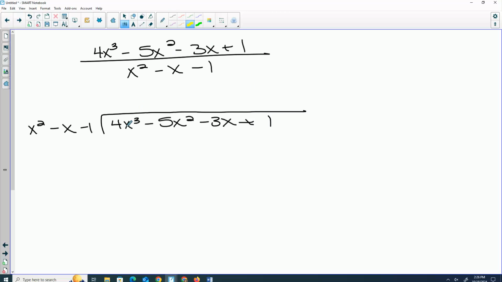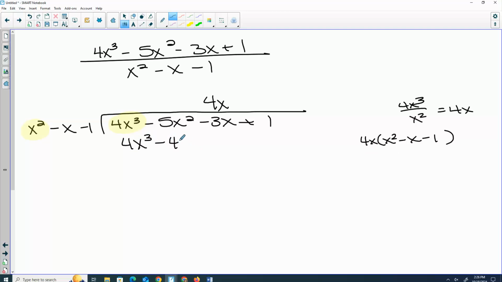Okay, then we divide the first terms. So we have 4x cubed divided by x squared, and that gives us 4x. So we have 4x up here. Then we multiply 4x times the x squared minus x minus 1. So we get 4x cubed minus 4x squared minus 4x.